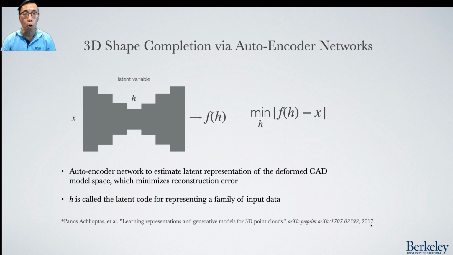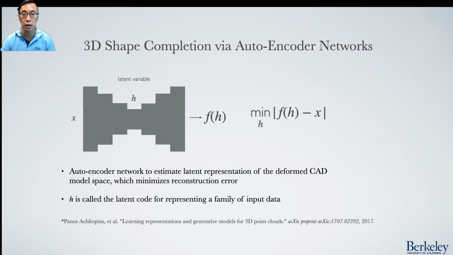In this paper, the authors proposed an autoencoder network to estimate a latent representation, H, of the deformed CAD model space, which minimizes the reconstruction error, where FH is the 3D shape reconstructed by the decoder portion of the network based on the latent variable H, while H is also estimated from the input noisy point cloud data to represent the deformed CAD model space. Therefore, H is called the latent code for representing a family of input shape data.